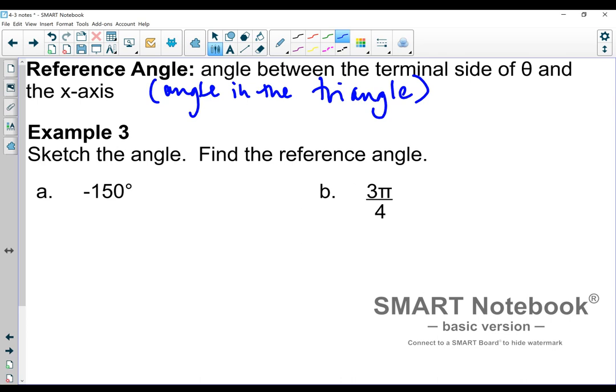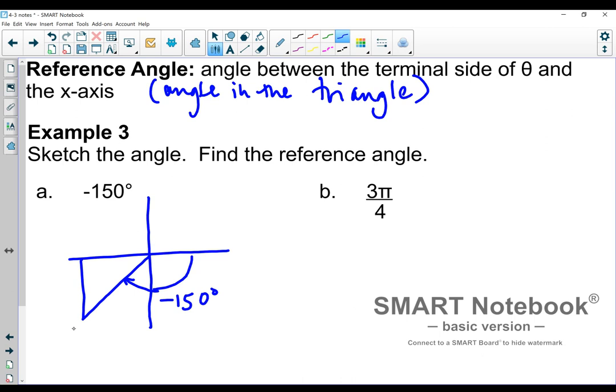So let's see, negative 150. That means I would start and go clockwise, and this would be negative 90. Negative 180 would be to the line, so negative 150 would be somewhere over here. And so I'm going to draw this triangle.